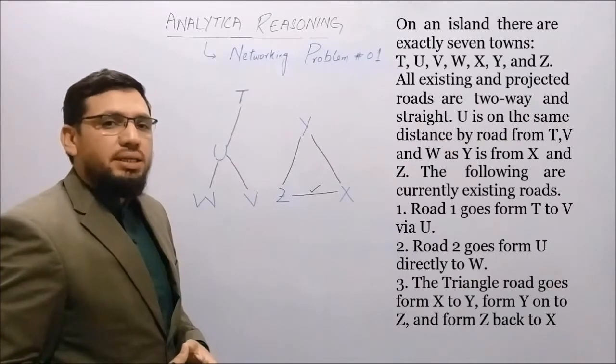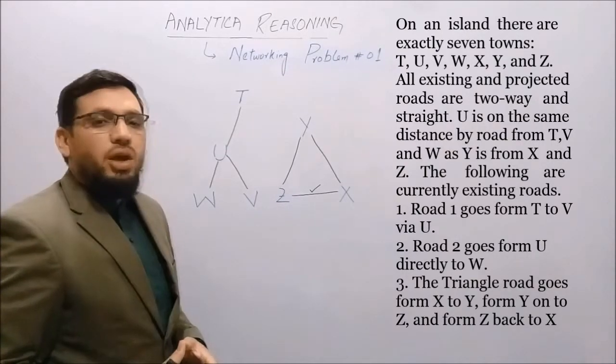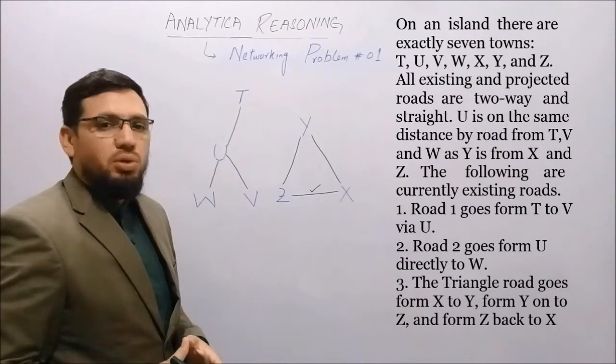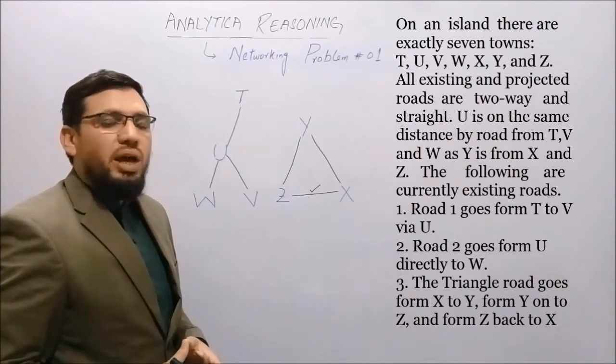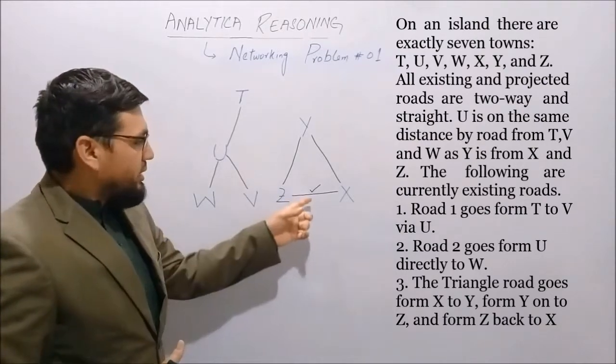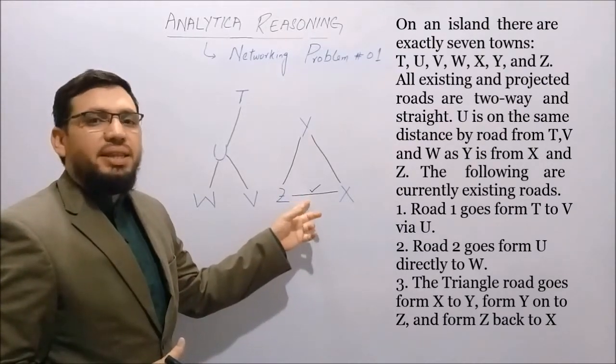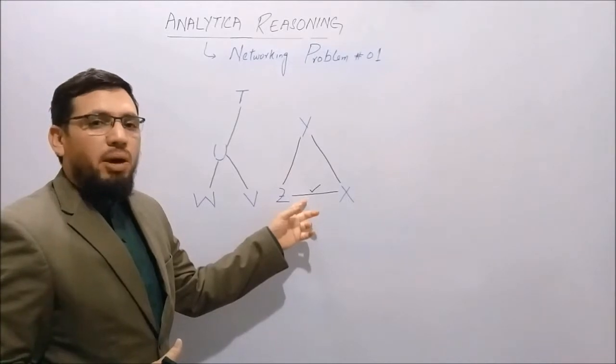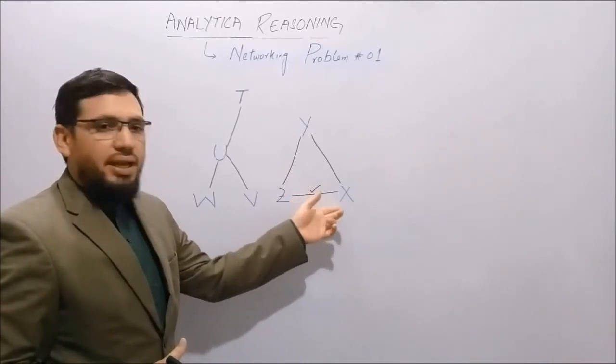As I have said earlier, when you convert the information to symbolic form, first of all you have to look for the implied information. In this case, the implied information is that they did not mention the distance between Z and X.